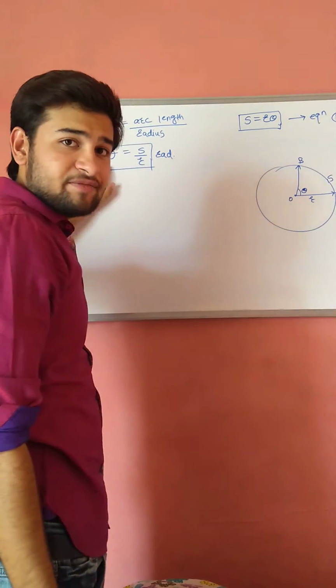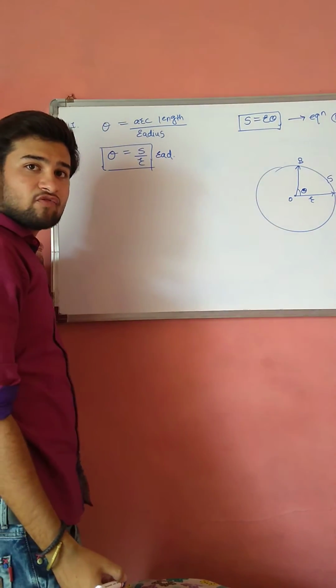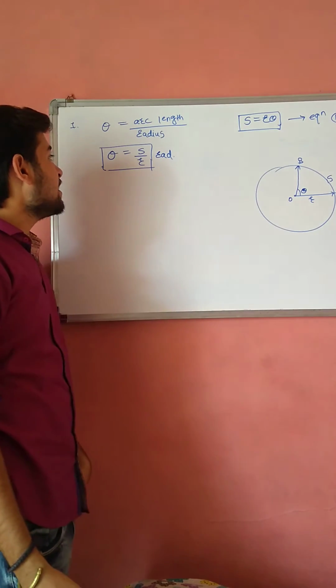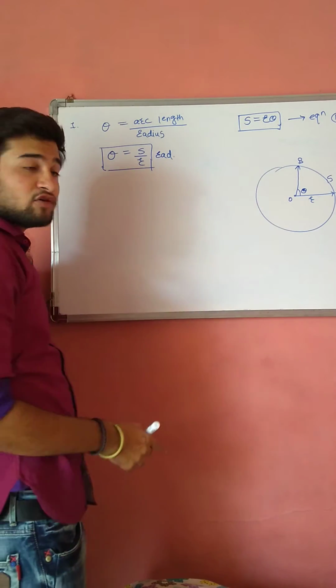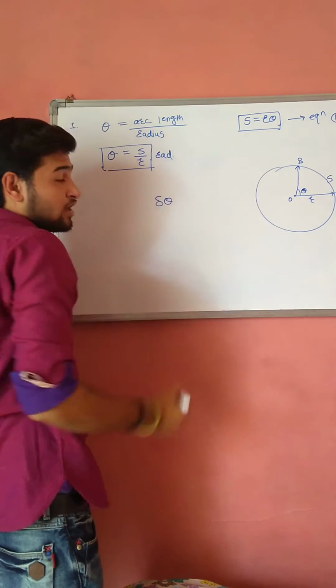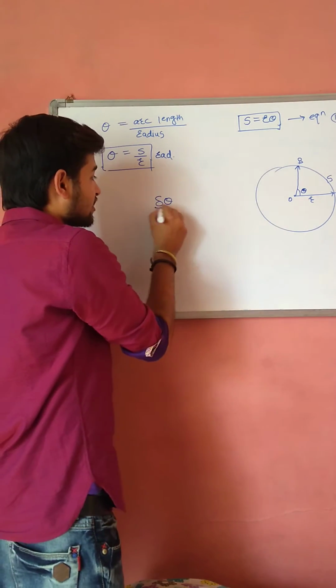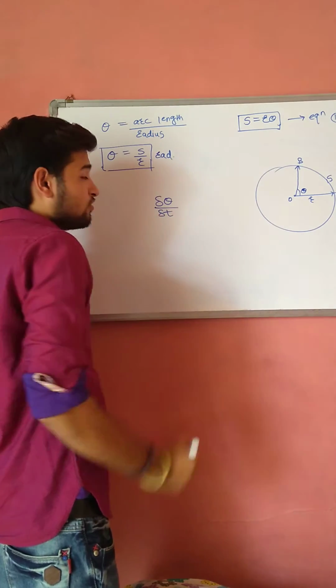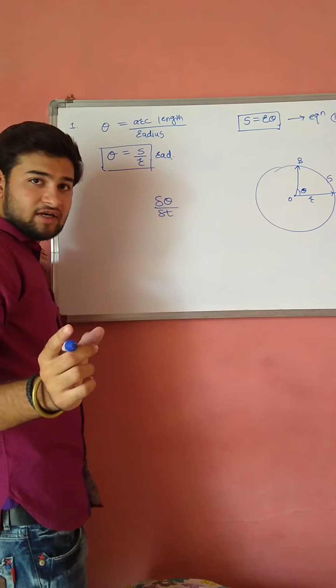From the angular displacement, we are going to derive the angular velocity. Angular velocity is defined as the rate of change of angular displacement, that is del theta, with respect to time, that is del t, for a very short time.